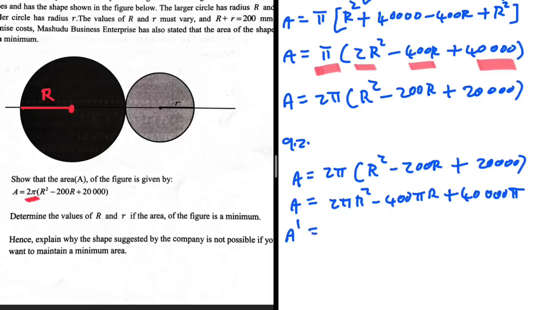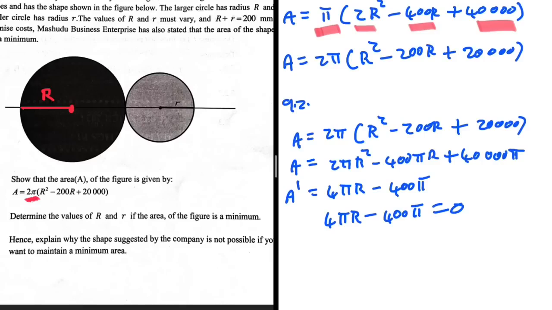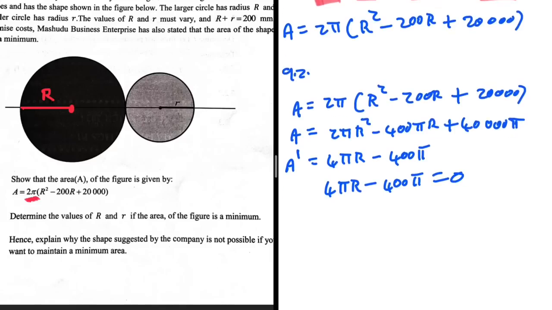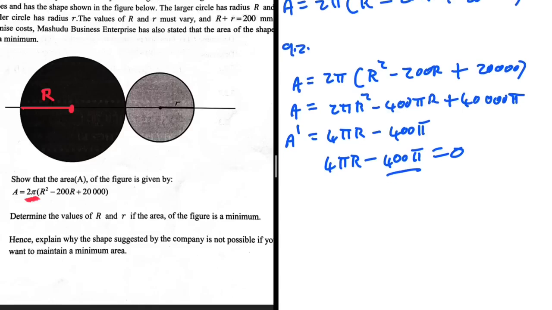When we differentiate, we're going to get 4 pi R minus 400 pi. The 40,000 pi gives us 0 because it is just a constant. And this is what we then need to equate to 0 because we want our area to be a minimum. We don't have to take anything out as a common factor.